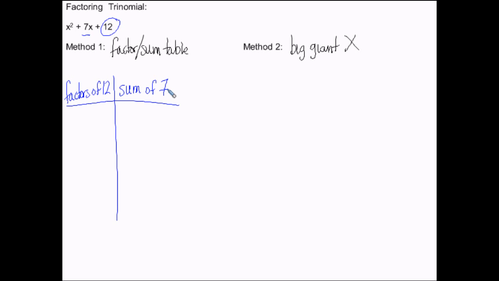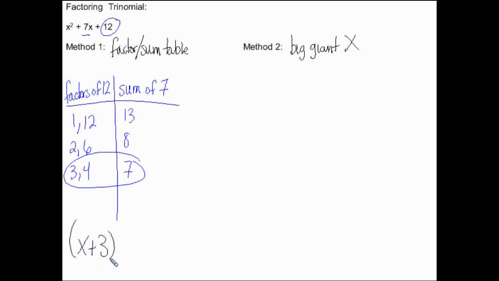So you list factors of 12: 1 and 12, 2 and 6, 3 and 4. Then you add them together, and you go, ooh, that one works. And then these become what goes in your binomial. So those go here and here.